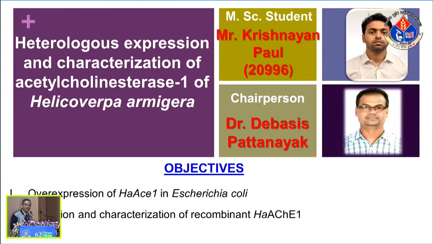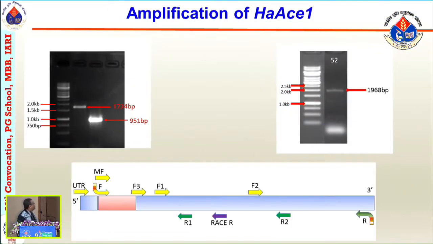Mr. Krishnan attempted overexpression of acetylcholinesterase of Helicoverpa armigera and tried to characterize this recombinant protein. Although partial fragments of this cDNA could be amplified, the full-length ORF and also the 5' UTR region of the cDNA could not be amplified despite repeated attempts.